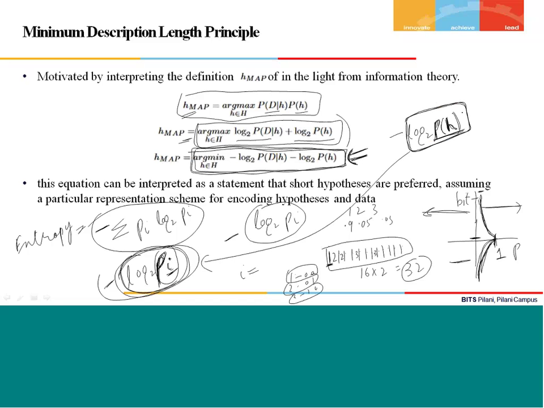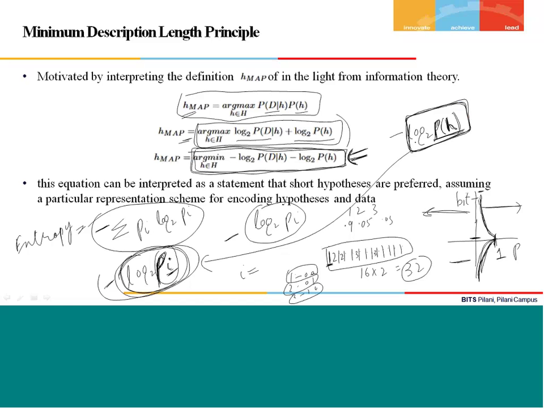For the sake of simplicity and understanding, you can assume that you write the hypothesis in terms of ones and zeros, or in some code, or in text, let's say. So you want to describe some hypothesis, and the description length of that hypothesis is given by this expression.